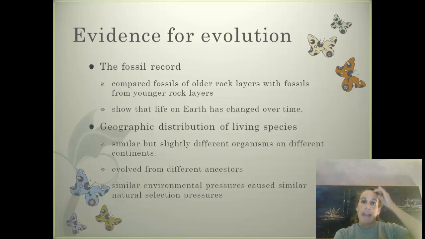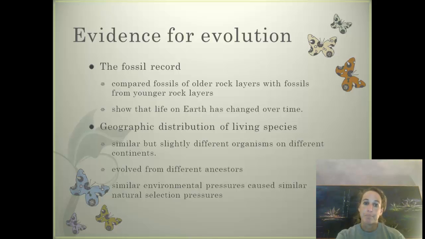So there's different layers that you can see being laid down. The youngest is at the top, the oldest is at the bottom. And that has showed that life on Earth has definitely changed over time. There's definitely changes from the fossils that were here a long time ago compared to the organisms that are living today.